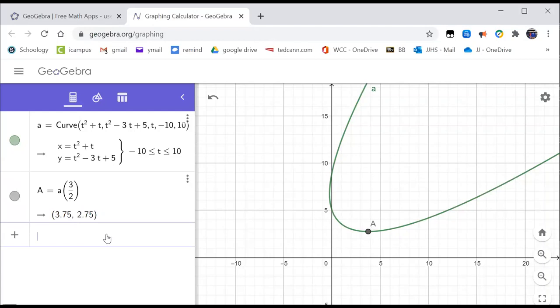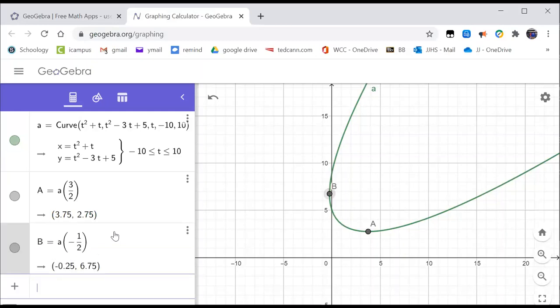Now, I don't have to do the conversions because I'm very comfortable with my calculations here. I know that 3.75 is equivalent to 15 quarters, and I know that 2.75 is equivalent to 11 quarters. So I'm feeling good about my horizontal tangent. For my vertical tangent, I'm going to evaluate a for the t value of negative 1/2.